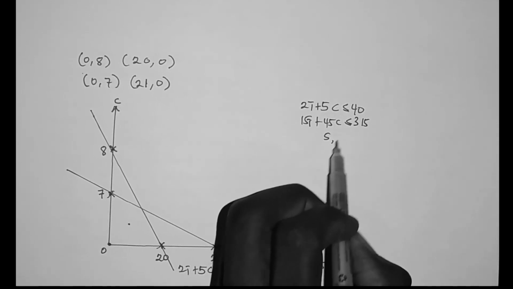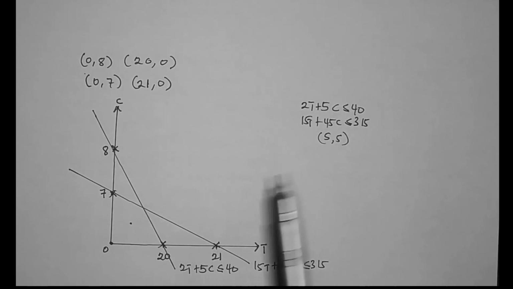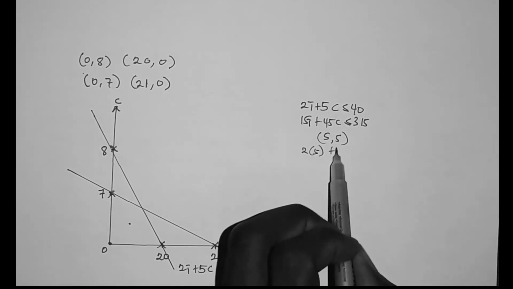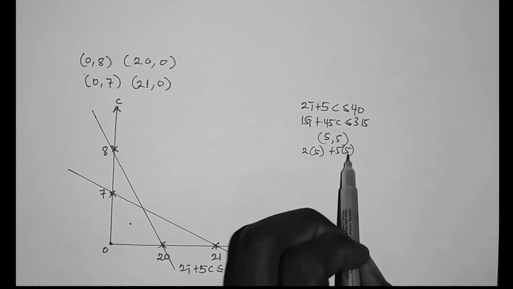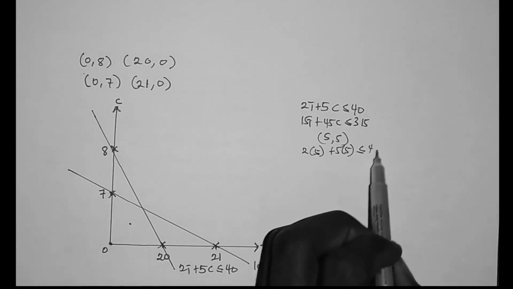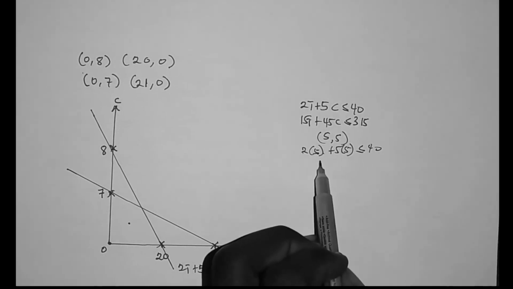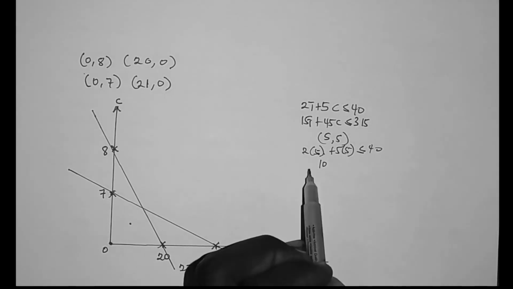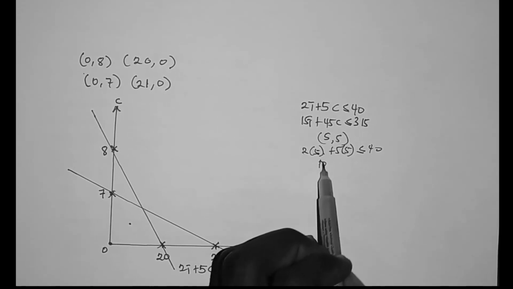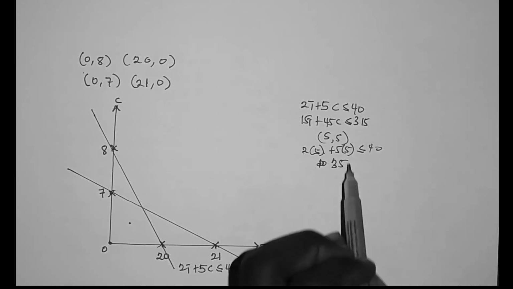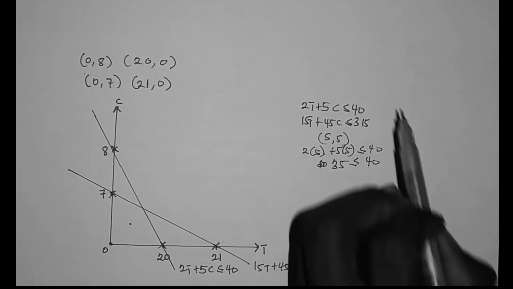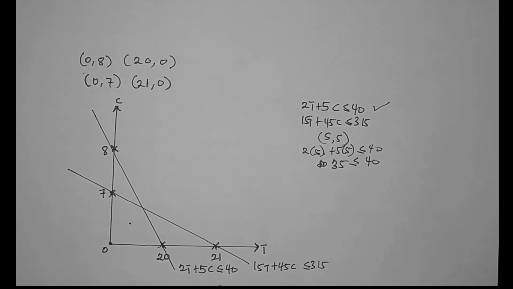Using 5, 5 as a point, 2 times 5 plus 5 times 5: 2 times 5 is 10, 5 times 5 is 25, and 10 plus 25 gives us 35. It is true that 35 is less than or equal to 40, so it satisfies this inequality.